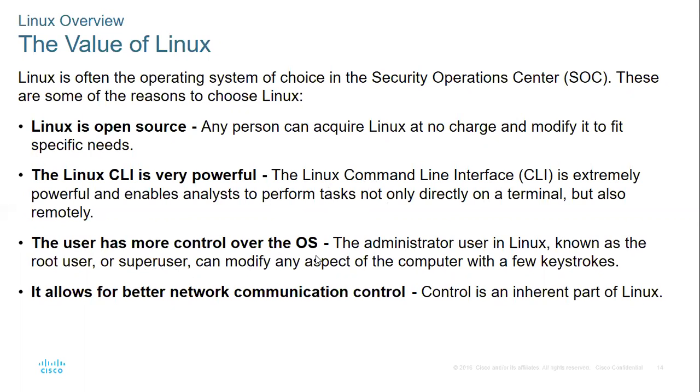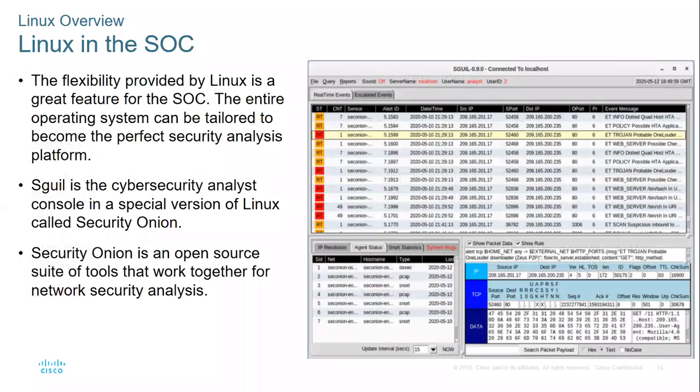This user is what we call the super user or the root user, so he's able to change anything. And then the last reason is that, of course, this is a network operating system. Therefore, it is better to be used for network communication control. So those are the values of Linux.